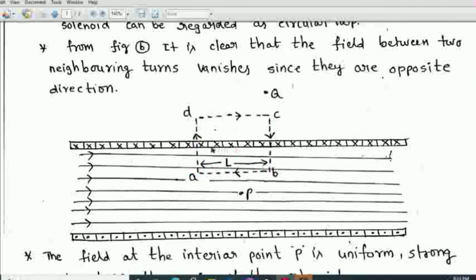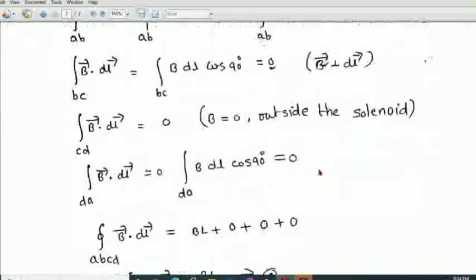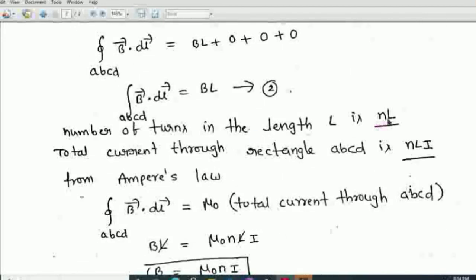In this length, the total number of turns will be small n into L, because small n is the number of turns per unit length. And I is the current through each turn. Then the total current through the rectangle ABCD is small n into L into I. So nL is the total number of turns, in each turn the current is I. That means the total current across the loop ABCD is n into L into I.